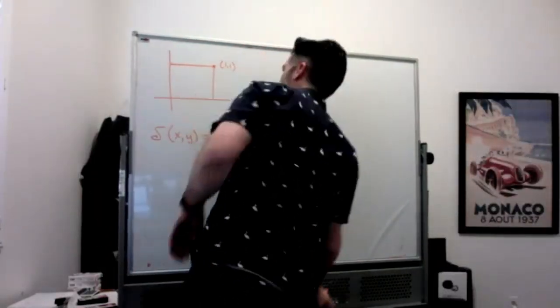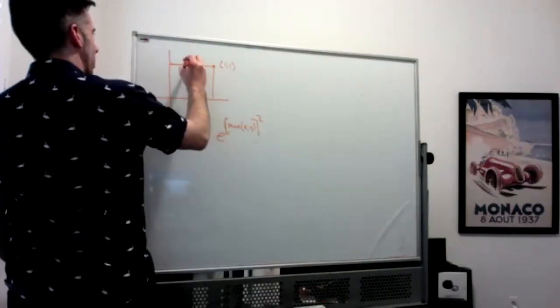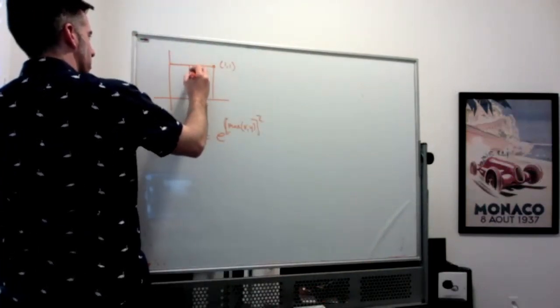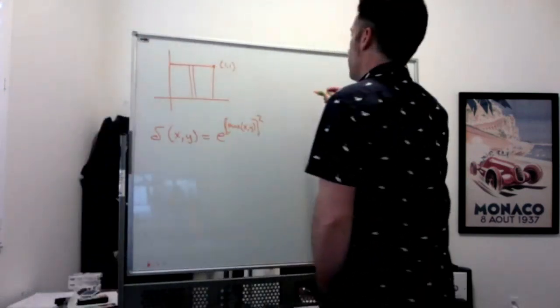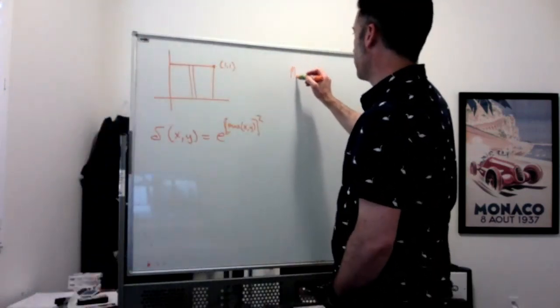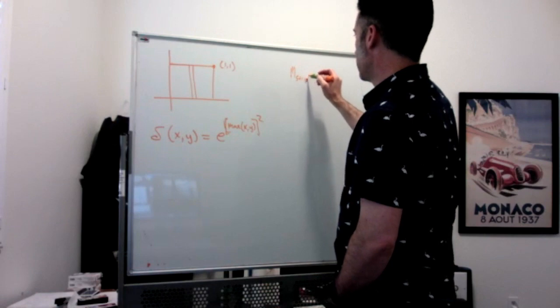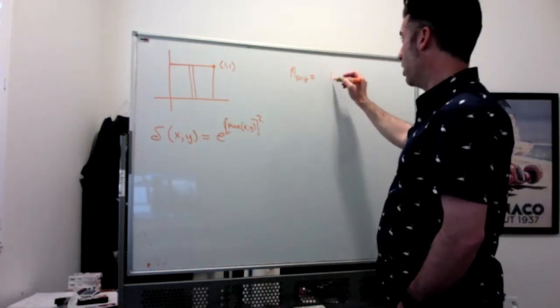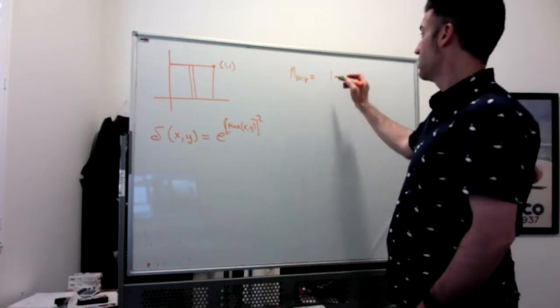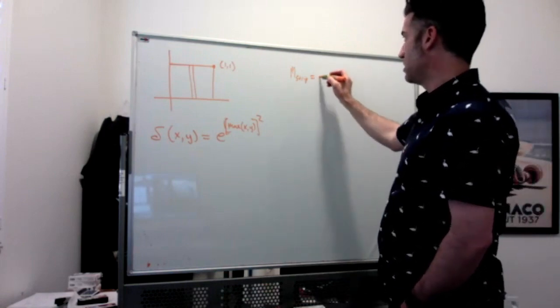I should say, what if we had a vertical strip? Well, then the mass of that strip would be the area of the strip, which is the height, 1, times the thickness, dx, times the density.